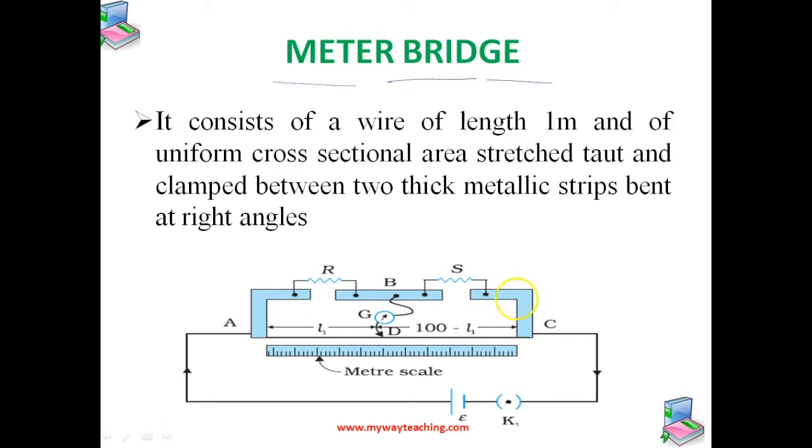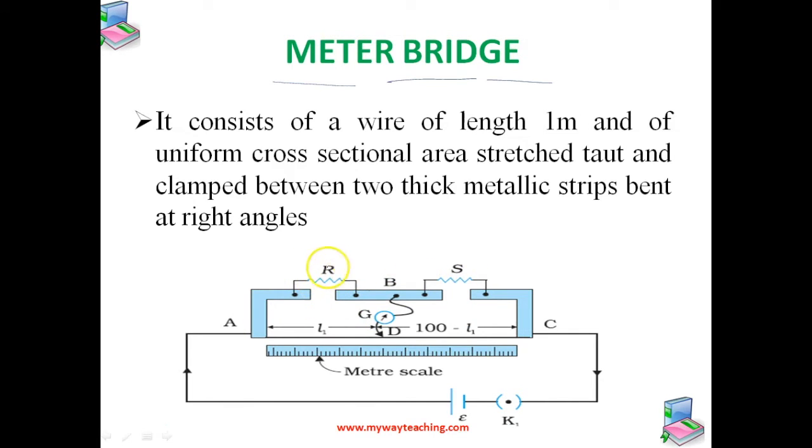So these are the metallic strips which are bent at right angles, and the metallic strip has two gaps. You can see here, these two are the gaps across which resistors can be connected.